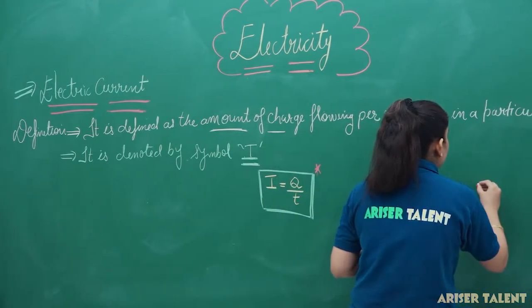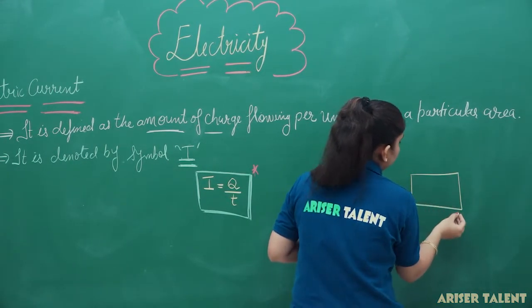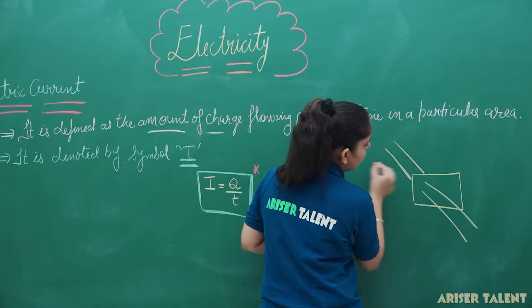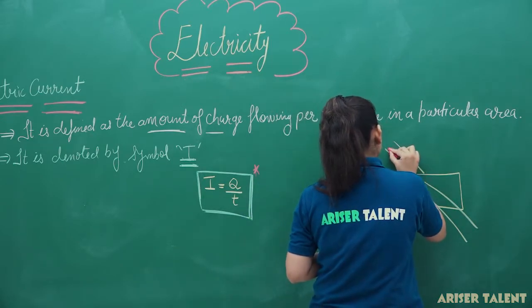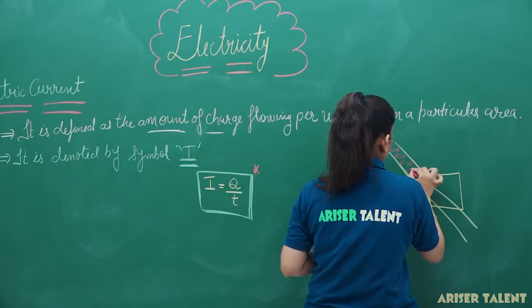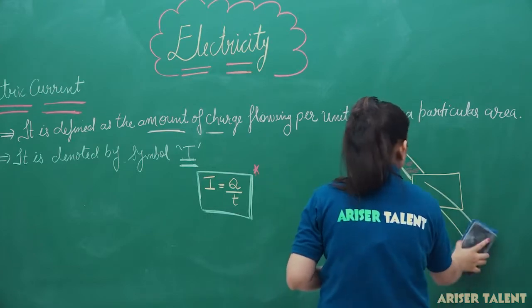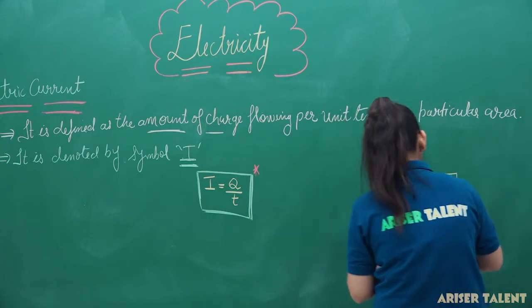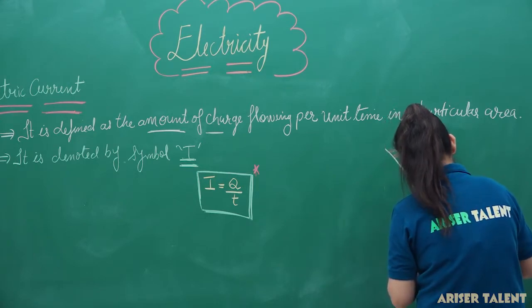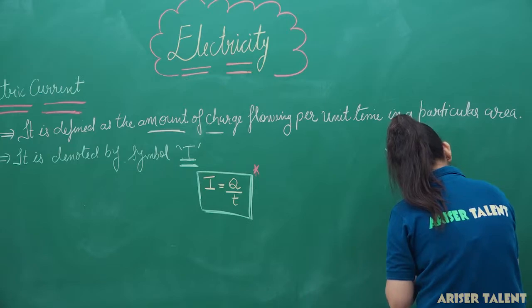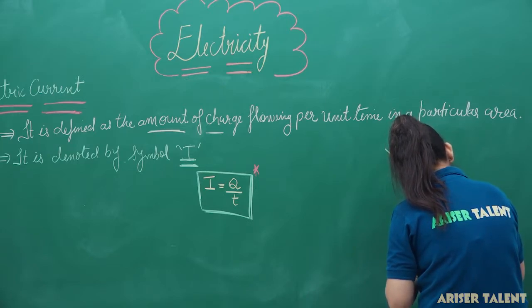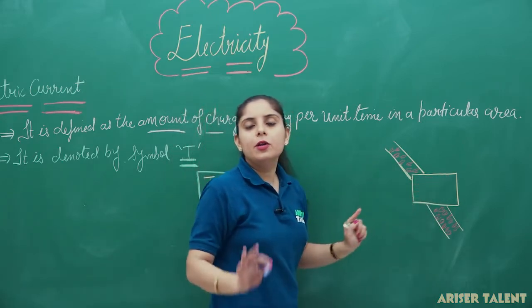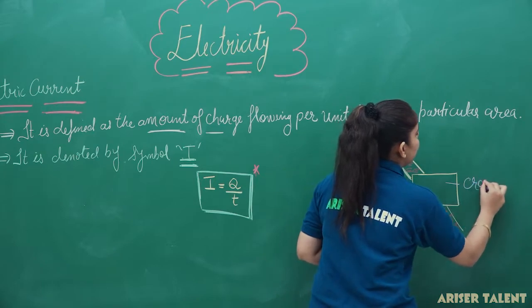let us see the diagrammatic representation regarding this. Now, what I have drawn here, you can see that there is a particular cross-sectional area.